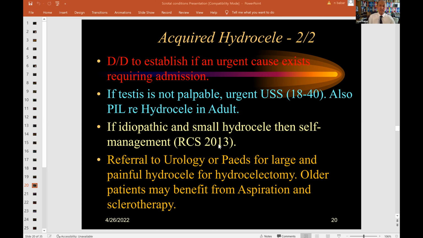If the testicle is not easily palpable because of the swelling or tenderness, and if the age group is young, between 18 to 40, then obviously an urgent ultrasound scan should be done and a patient information leaflet given to the patient about hydrocele.